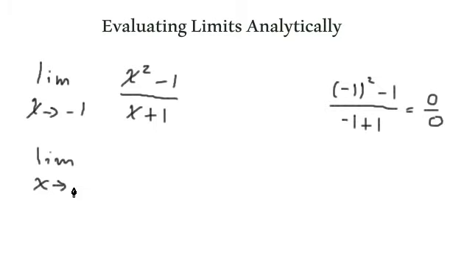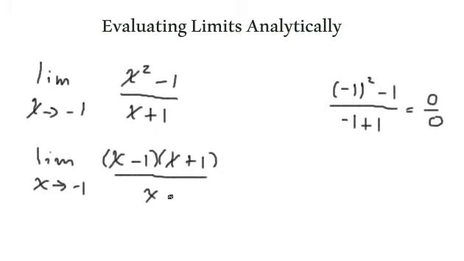So I'm going to rewrite our limit as x approaches negative 1, factoring the numerator, we get x minus 1 times x plus 1, and that's all over x plus 1.